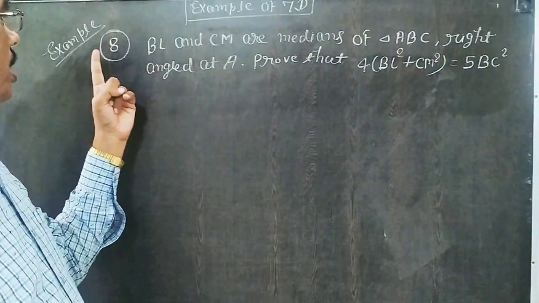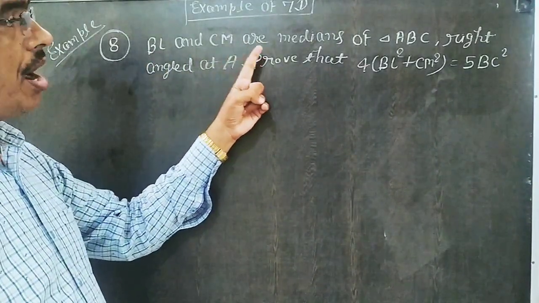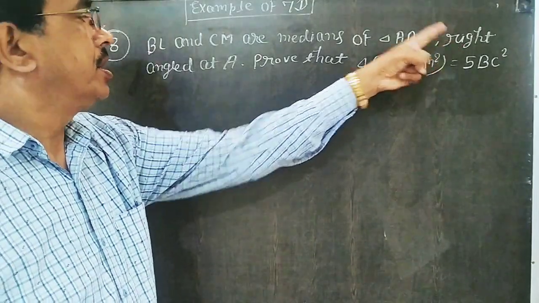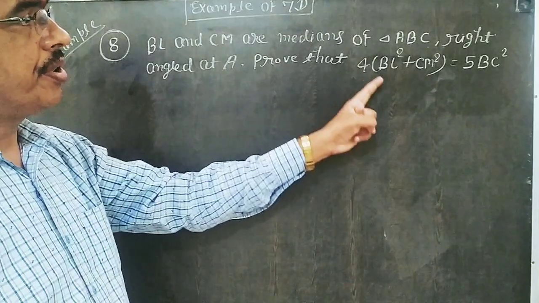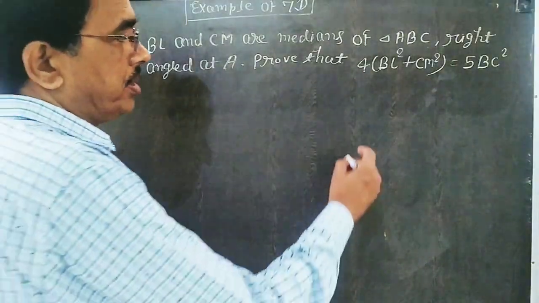Now see example 8. BL and CM are the medians of triangle ABC, right angled at A. Then prove that 4 times BL square plus CM square is equal to 5 BC square.